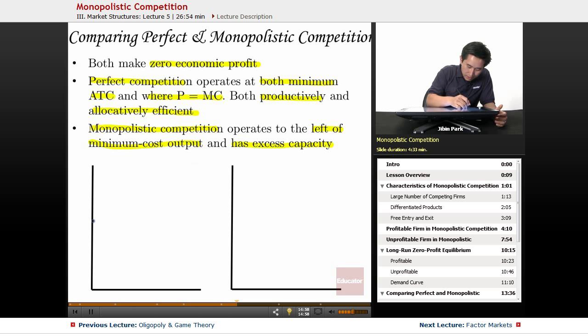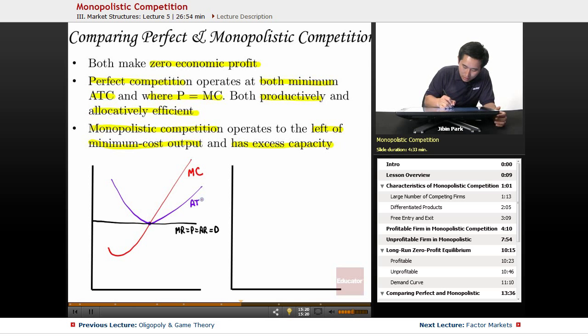Remember, it's going to be a straight horizontal line here. So MR equals P equals AR equals D. And what you're going to have here is the marginal cost, the MC, is going to intersect at this point here, the ATC here. So you're going to smile right here. So this is ATC here.